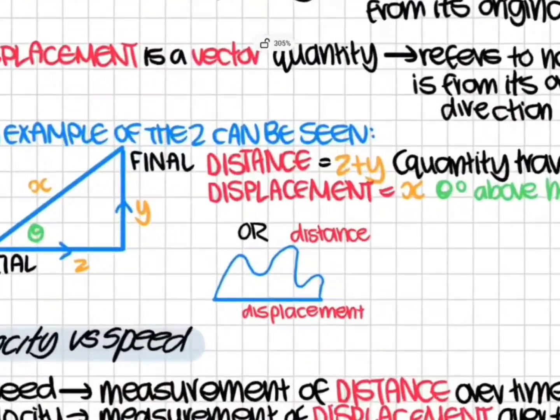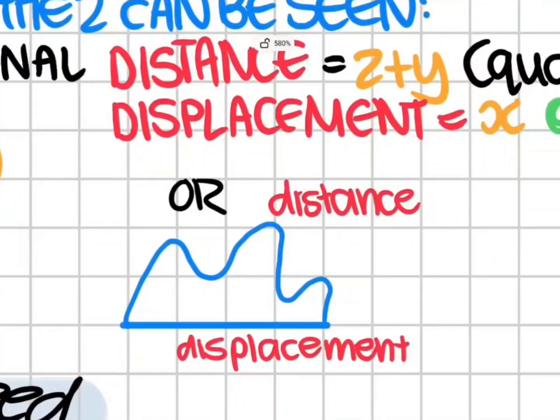Another example we can see is over here. So let's say there's a fly here that flies like this length. So its distance would be this, because the fly has traveled that much. However, its initial is here and its final is here, which means its displacement is going to be this length.